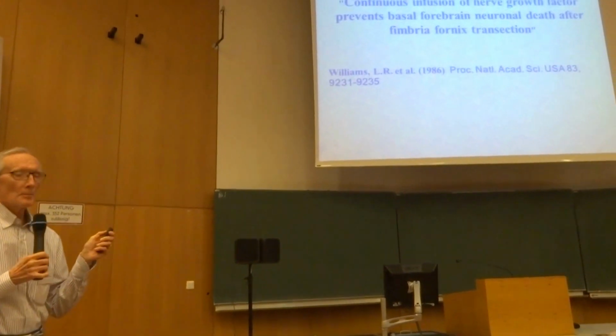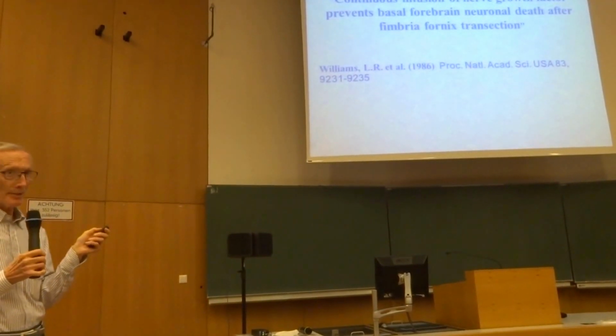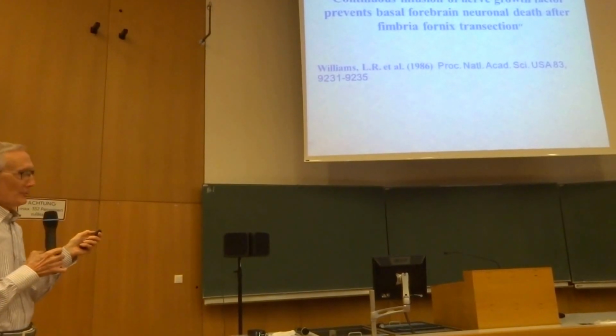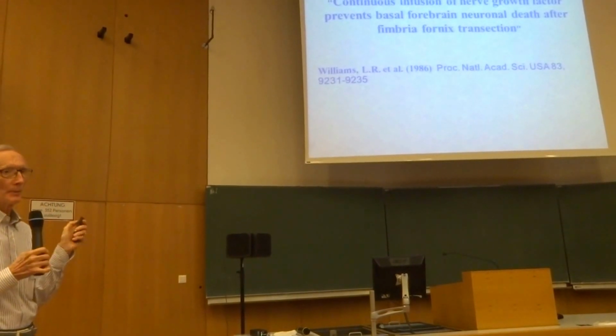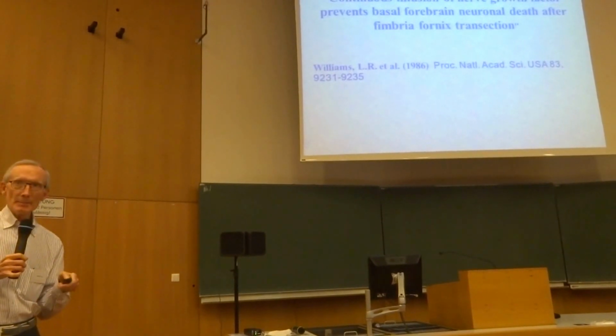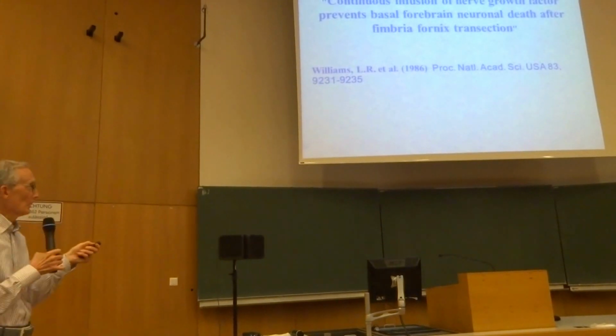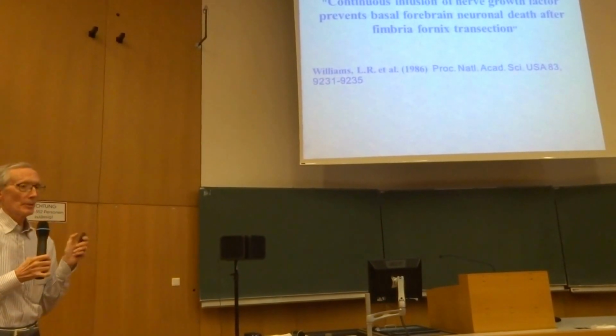They were looking at staining of choline acetyltransferase, ChAT, at 2 weeks, and what happened wasn't really a death of cells, it was downregulation of phenotype. With NGF, the ChAT was re-expressed. If you wait longer, these cells will actually eventually die.